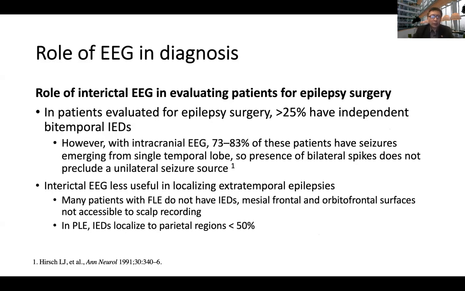In patients being evaluated for epilepsy surgery, more than 25% have independent bitemporal IED. However, with intracranial EEG, 73 to 83% of these patients have seizures emerging from only a single temporal lobe. So the presence of bilateral spikes does not preclude a unilateral seizure source.